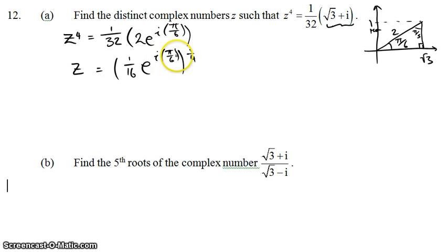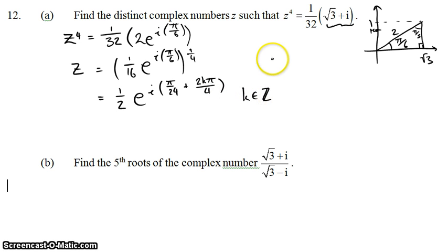And of course, I remember this isn't just pi upon 6, this is pi upon 6 plus 2k pi. 1 over 16 is 1 over 2 to the power of 4, so this is just going to be 1 over 2 e to the i pi over 24 plus the 2k pi, which also gets divided by 4. And I should declare at this stage that k is an integer.